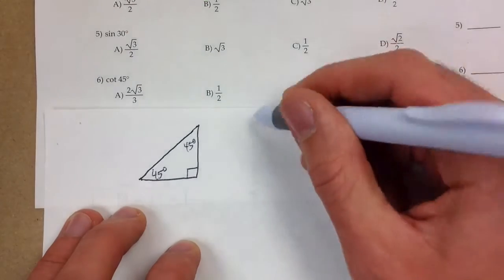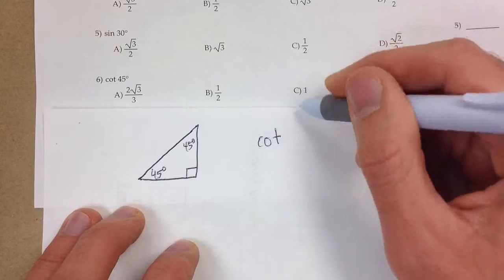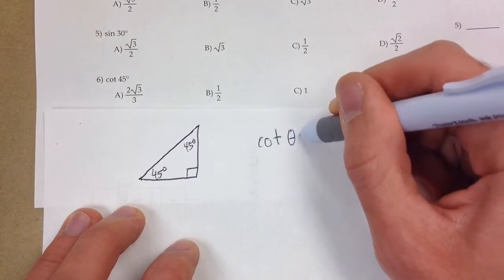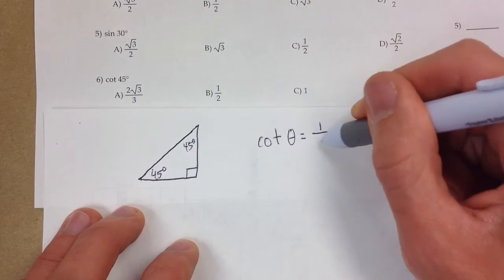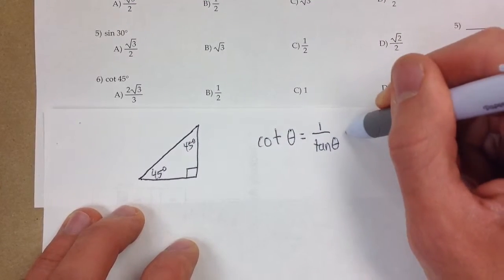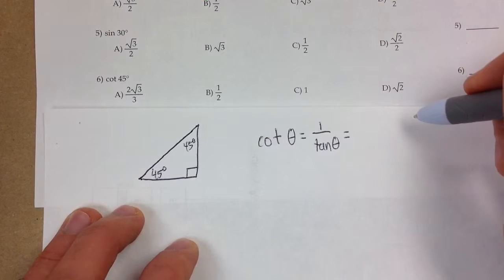Nope. So it's just something you have to commit to memory. Something that can help you is knowing that cotangent is the reciprocal of tangent. So try again.